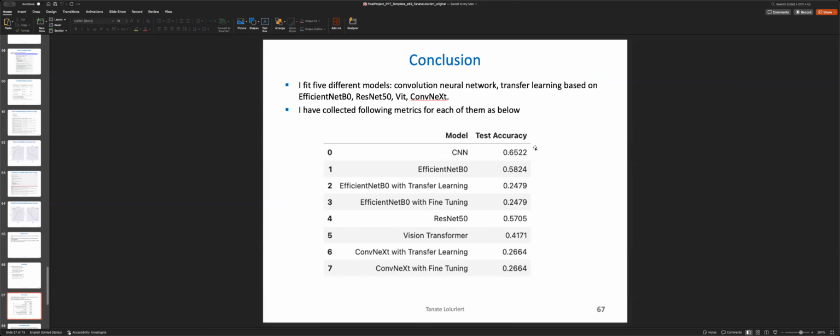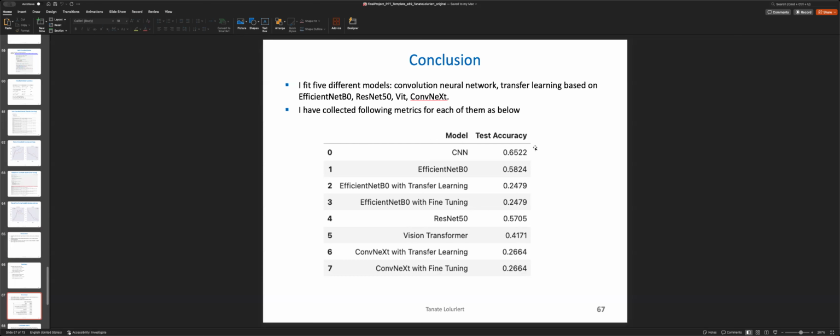The conclusion: surprisingly, CNN performs best of all the models. The reason is that the images in this dataset are really low resolution, 48 by 48, while the most advanced models need high resolution images, like 224 by 224.